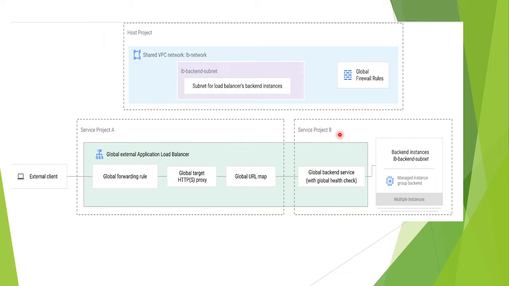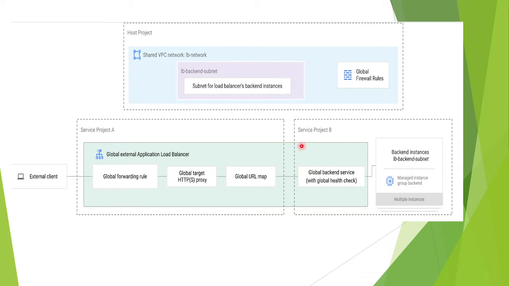So you can take a scenario where your service project A has only the front end, with the forwarding rule and all that, and you have multiple service projects which are configured as your backends. You just use those service projects as your backends. Now you don't have to create a separate load balancer.